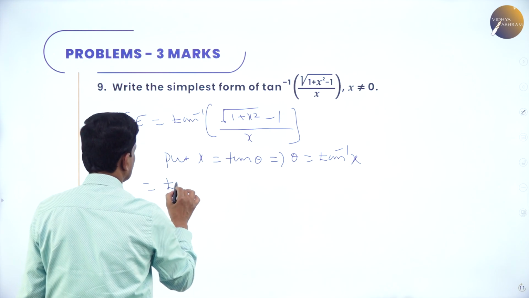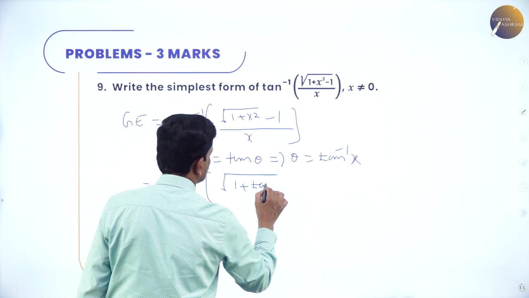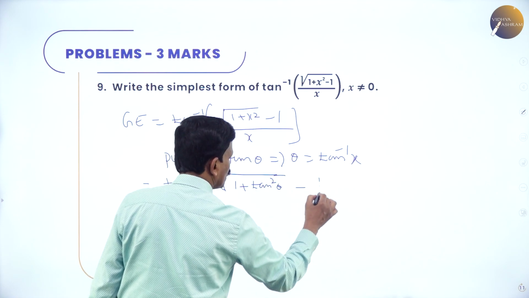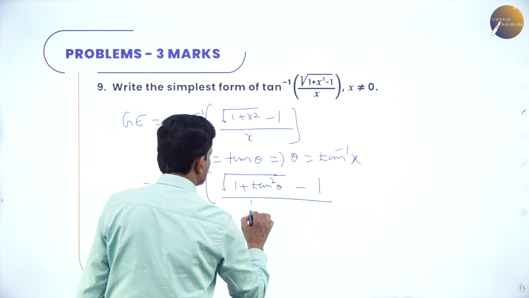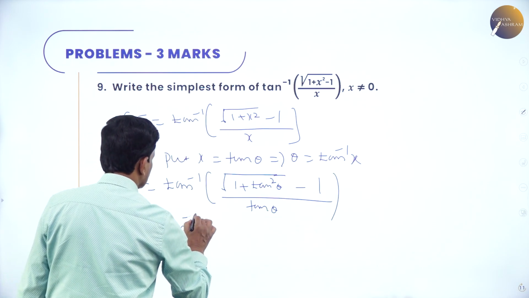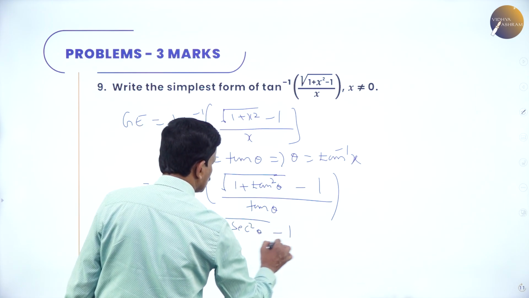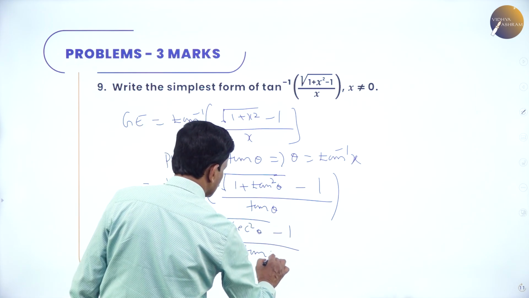This given equation becomes tan inverse root of 1 plus tan square theta minus 1, divided by tan theta. Now this is equal to tan inverse root of 1 plus tan square, which is secant square theta, minus 1 divided by tan theta.